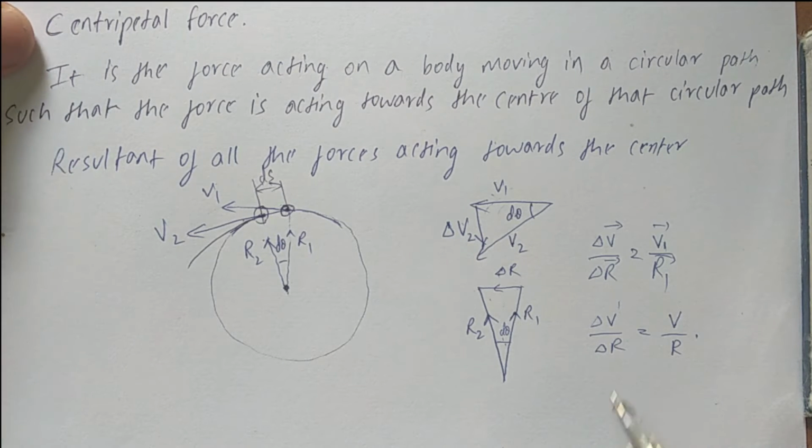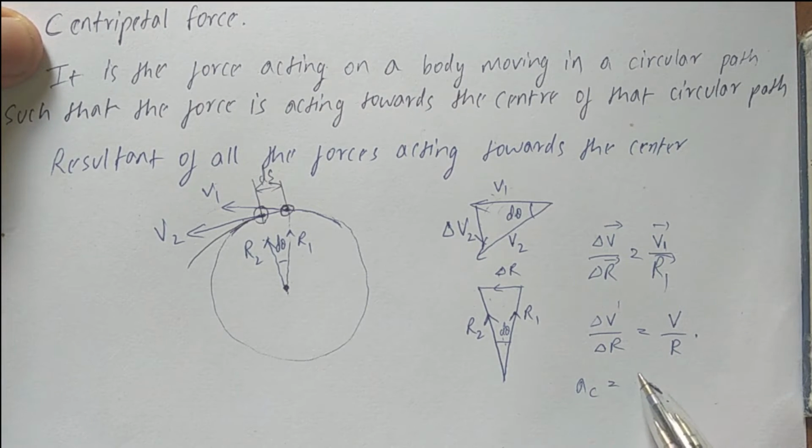Now, how do you define an acceleration? The centripetal acceleration, AC, is defined as nothing but change in velocity per unit change in time, and it is a vector quantity.